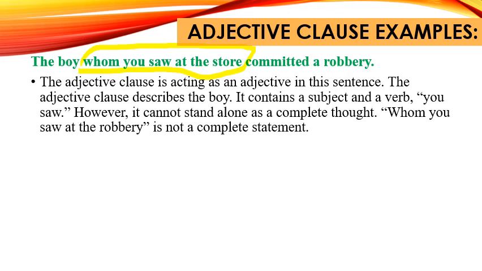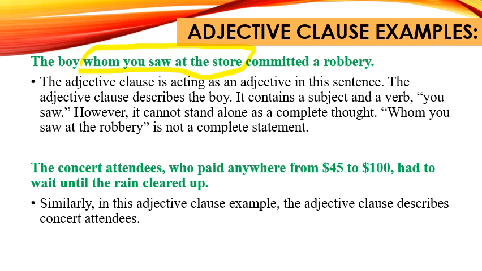Okay, another example. The concert attendees who paid anywhere from $45 to $100 had to wait until the rain cleared up. Now, we are trying to describe the concert attendees who paid anywhere from $45 to $100. You can see here that this is the adjective clause.